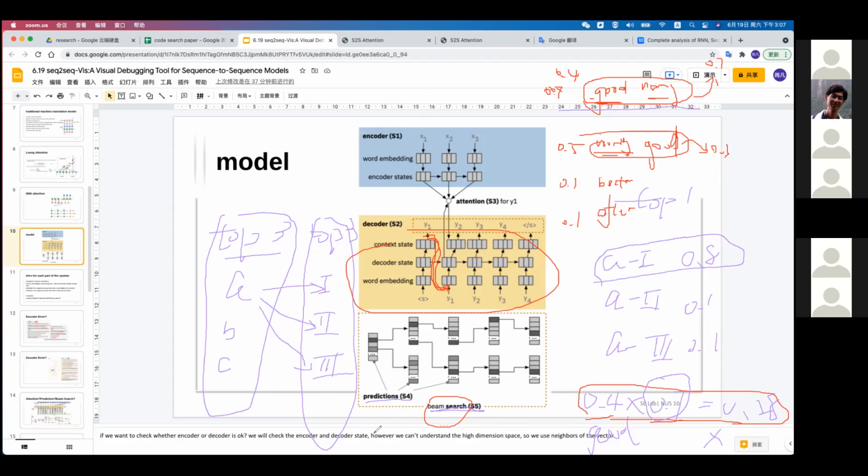And I think just consecutive multiplications will introduce some numerical issues. For example, if you have a sequence of length 200 and multiply all the 0.something probabilities together, you will get a number on the order of 10 to the power of minus 200. That will introduce some numerical issues.